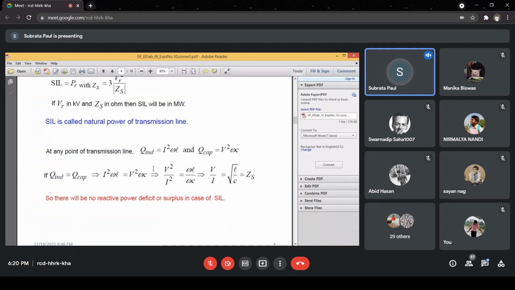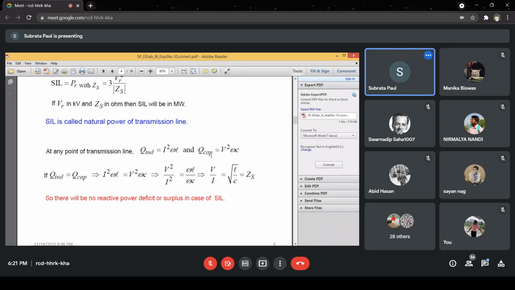Now, one interesting thing you can observe here: Q inductive is equal to I square omega L. That means Q inductive is the inductive reactive power consumed by a line, I square omega L, where I is the current flowing through the line. Omega L is the series reactance of the line.